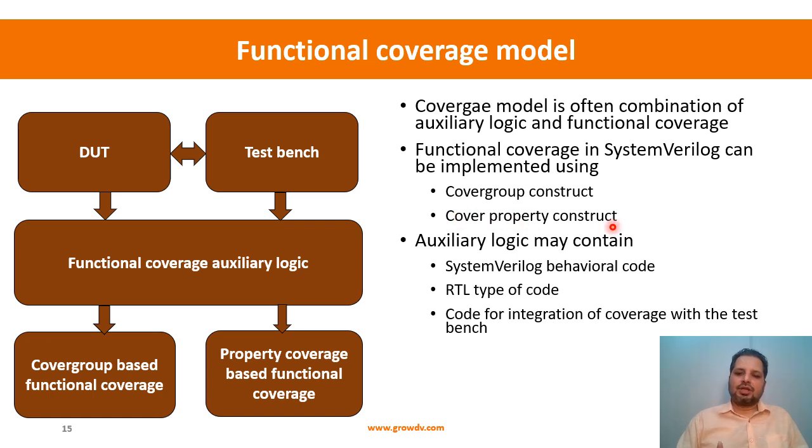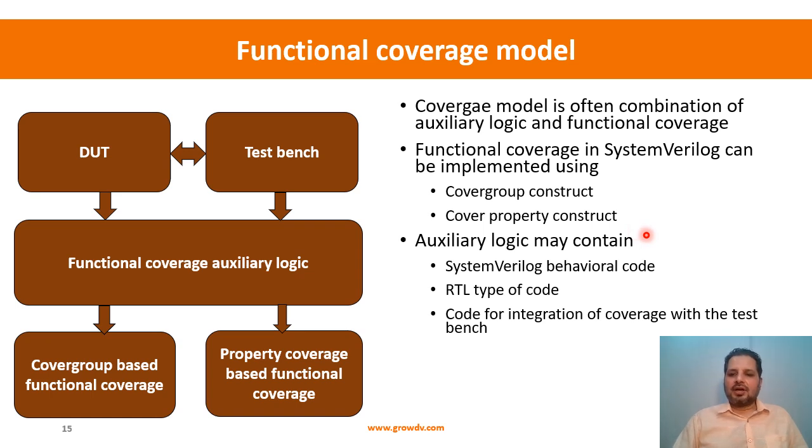right? So using these two constructs, you implement the functional coverage, and the auxiliary logic itself could contain SystemVerilog behavioral code, the one that we have discussed in the context of both procedural and object-oriented programming. So it could be that code, or it could be an RTL type of code as well, because if you are using a cover property type of construct like a concurrent assertion, you need some way to model.